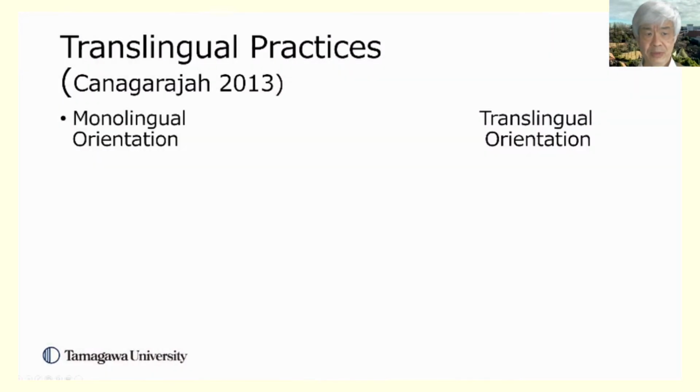Another notion: at the beginning of this presentation, I was talking about the dominance of English. But when you talk about the dominance of English, it's always a kind of native speaker, non-native speaker dichotomy.